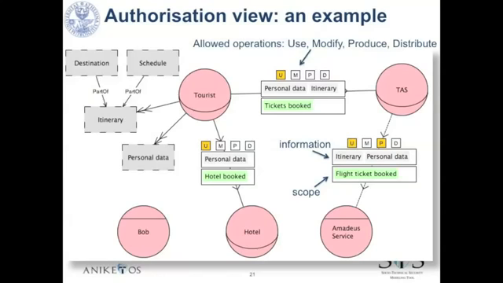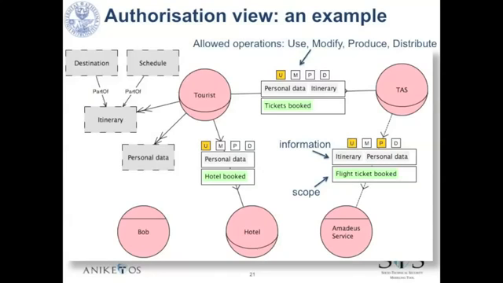That's why he can authorize other actors. So he authorizes travel agency service, and the authorization is this line here, and we have 3 different slots. So what are these 3 different slots? They actually refer to the attributes, so the allowed operations one can perform on the information: use, modify, produce, and distribute.